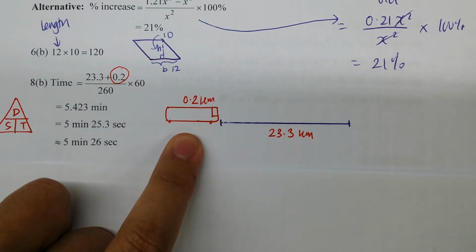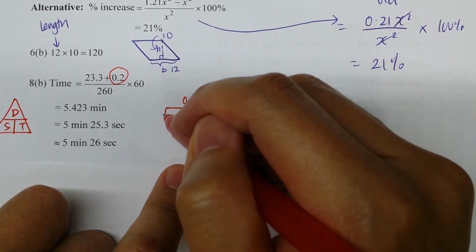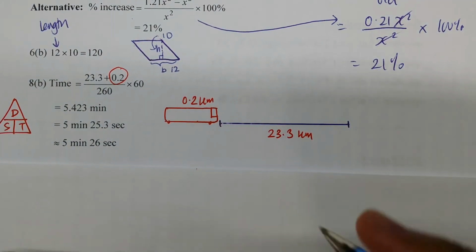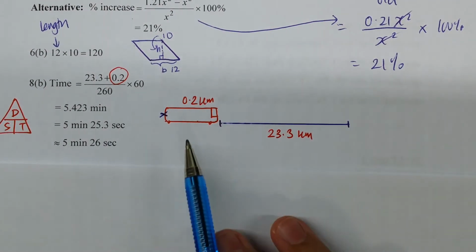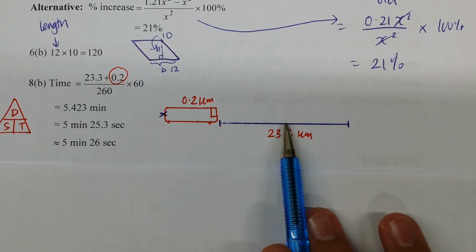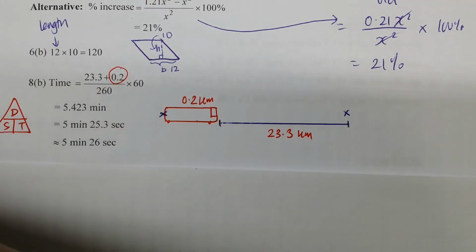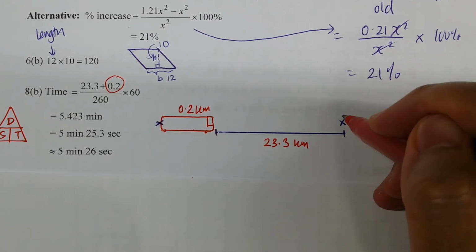Because let's measure this way. Let's measure from one point, the tail of the train, the back. Let's put a cross. I want to find the distance that this cross moves. How far will this cross move? As the train moves, this cross has to move until it passes the tunnel entirely.